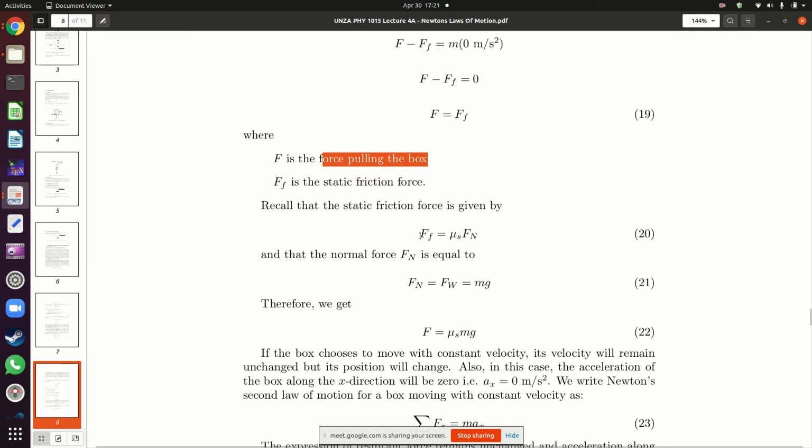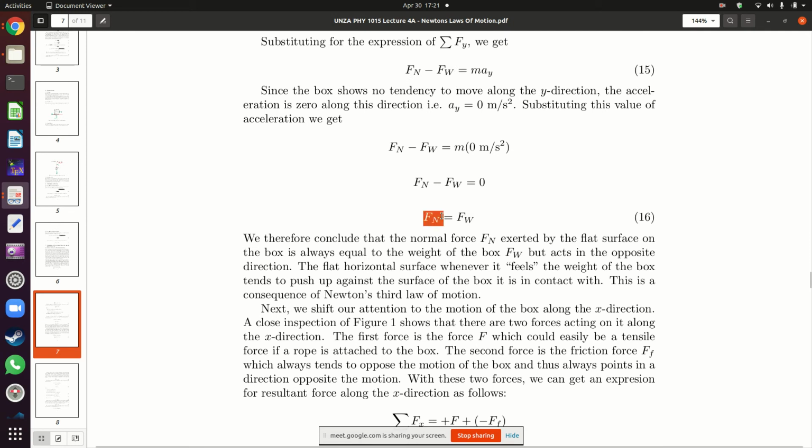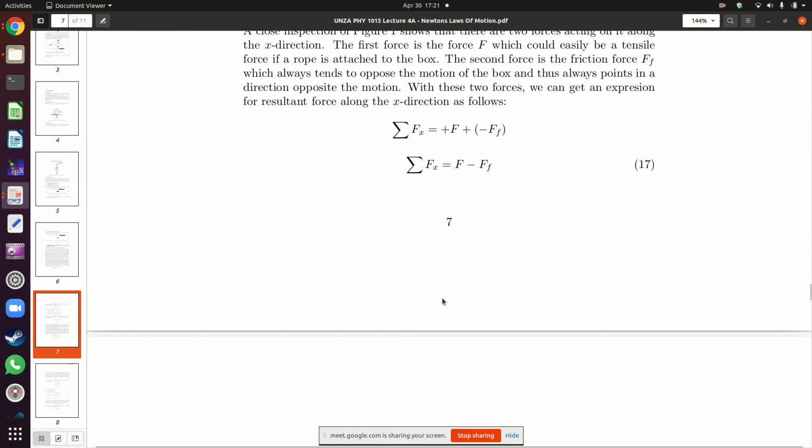So the friction force, as we have seen from last evening, the static friction force, the friction which is exerted on an object when it's motionless, is equal to the coefficient of static friction multiplied by the normal force. However, we have seen that the normal force here is equal to the weight of the box.